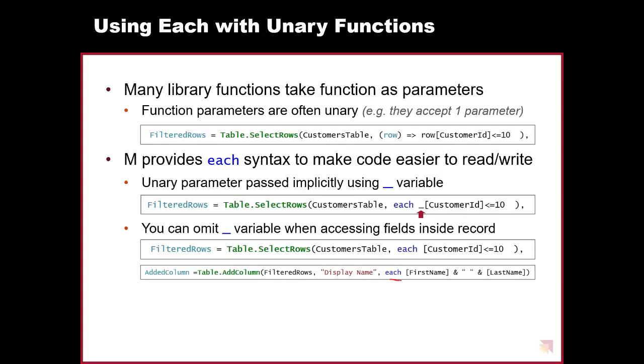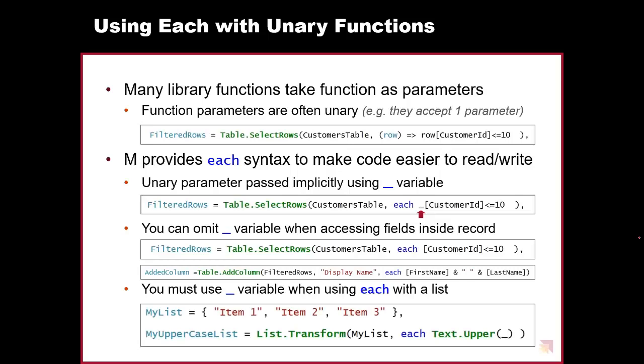And down here, you can kind of see each. If I'm using add column, as we go down row by row, it just builds the value for each row by taking first name and last name and putting a space in between them. So one of the points here is that while the row itself can be referenced, it's usually not needed, except for this one case.